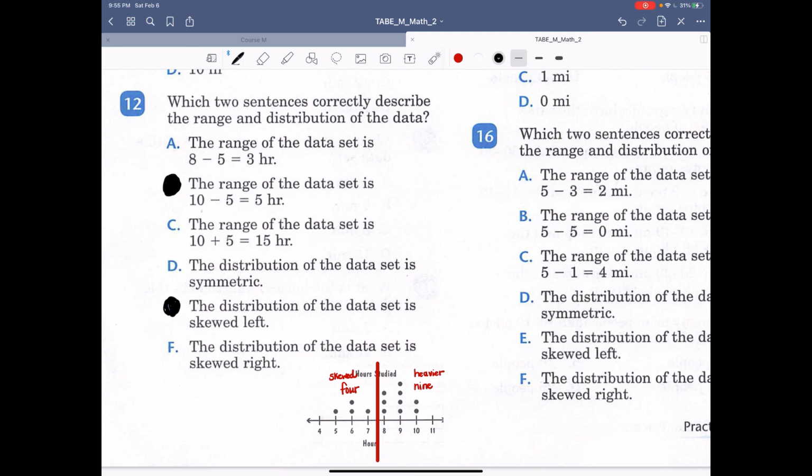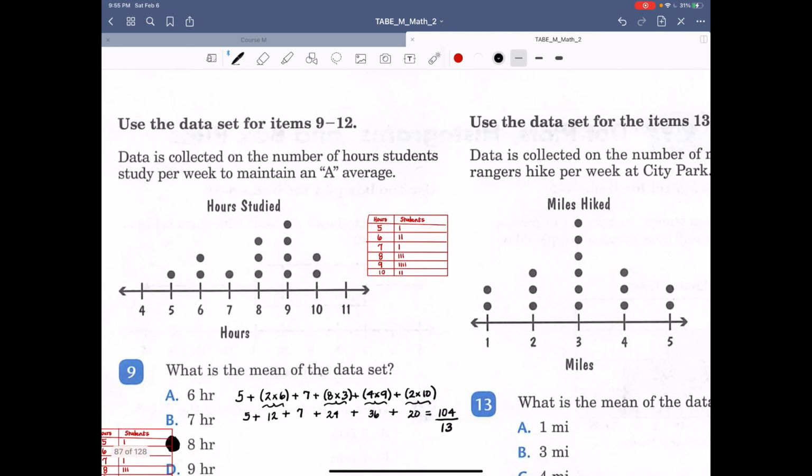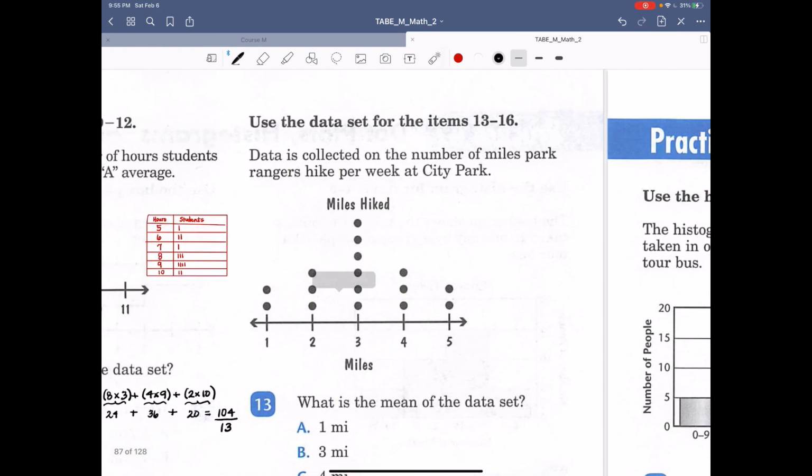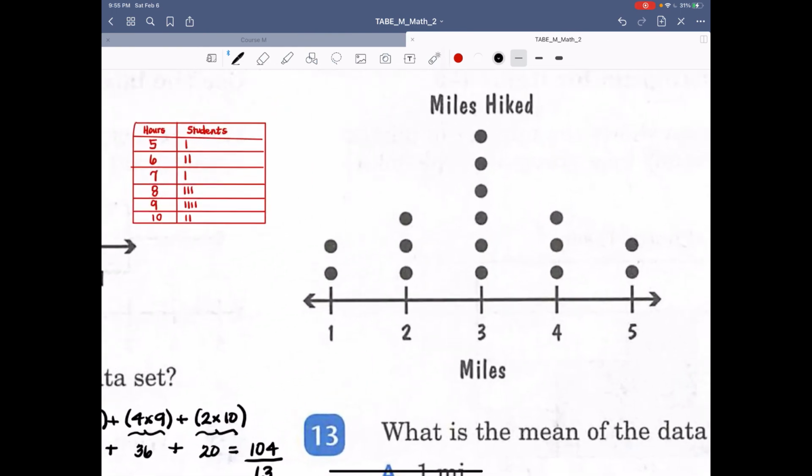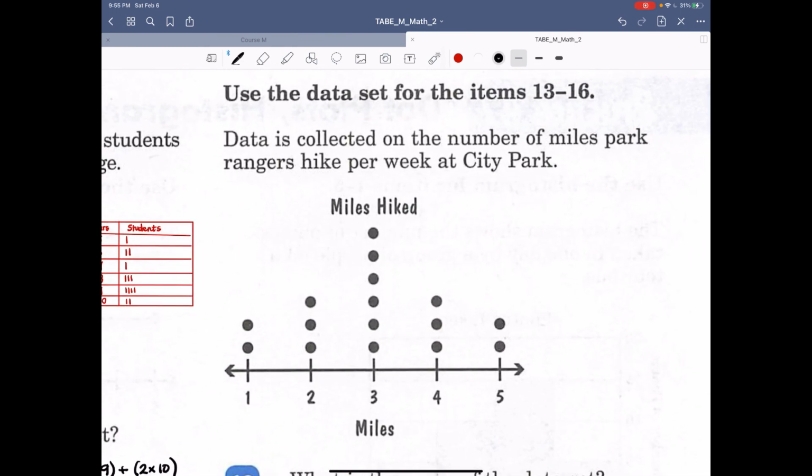Number 13. We get a new set of data. Data is collected on the number of miles park rangers hike per week at City Park. So again, the dots represent the rangers.